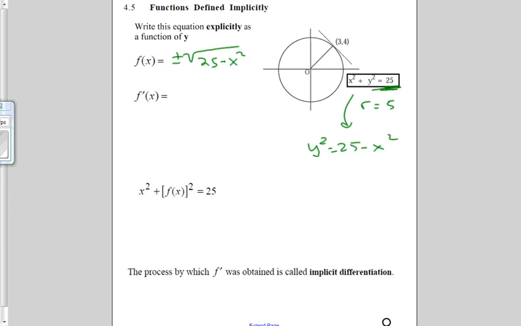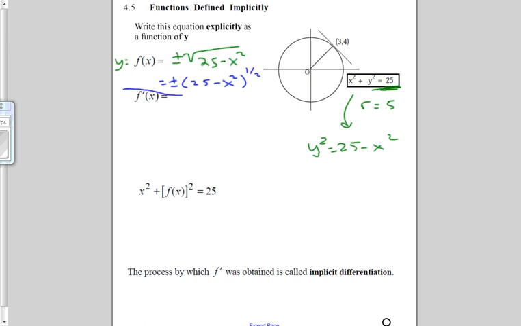Okay, well, then what would be the derivative of this function? Now that I've defined it explicitly in terms of y equals, I could take the derivative. So the derivative of this equation using the chain rule, and it might help for me to rewrite this as 25 minus x squared to the 1/2.